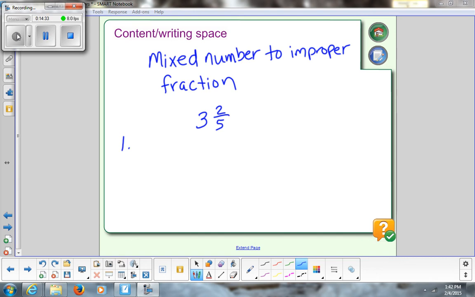Okay, do I have everyone's attention? Yes. Thank you. Okay, so the first thing I'm going to do is multiply the denominator, which is what? Top or bottom? Bottom.